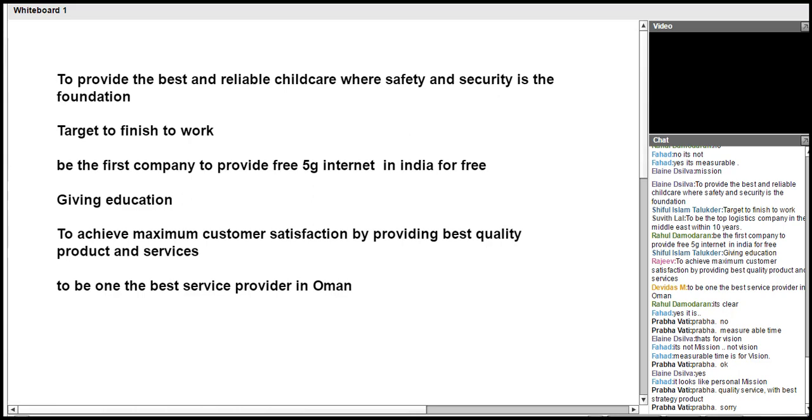Our mission is to provide this to the client. Now, maybe your vision could be to make it free. I don't know, but again, it's a little bit confusing. Your mission could be the first company to provide 3G internet to India for free. I can say it's acceptable, but it's a little bit confusing.